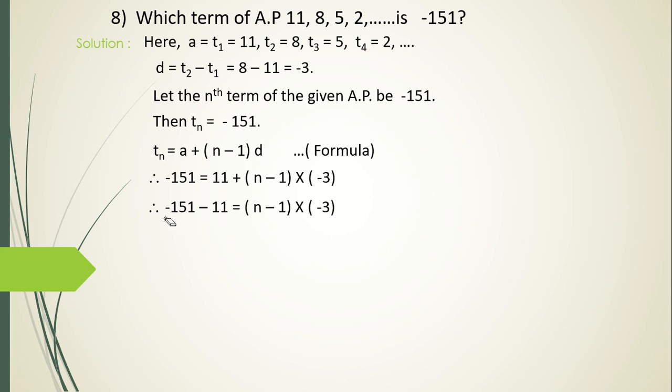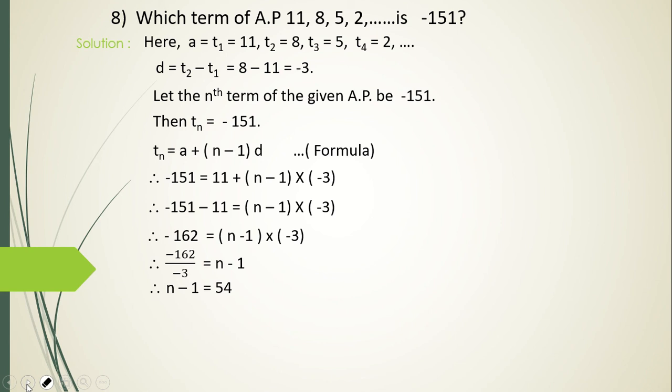Now minus minus, similar signs, add and give the same sign to the answer. So that will be minus 162 is equal to n minus 1 into minus 3. Now bring that minus 3 this side, it will become division. Minus 162 upon minus 3 is equal to n minus 1. Minus minus will become plus.